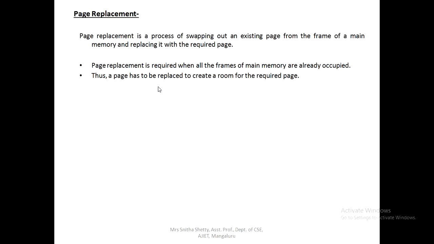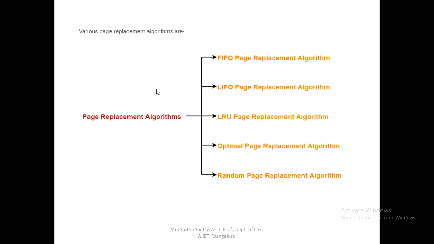There are many page replacement algorithms: first in first out page replacement algorithm, last in first out page replacement algorithm, least recently used page replacement algorithm, optimal page replacement algorithm and random page replacement algorithm. These are the different categories of page replacement algorithms.